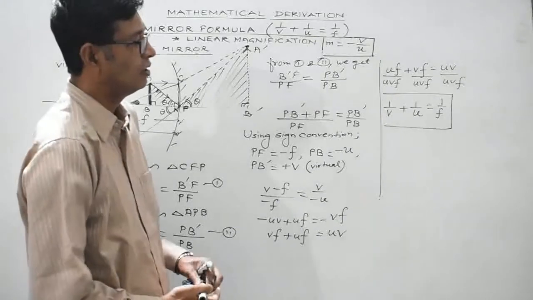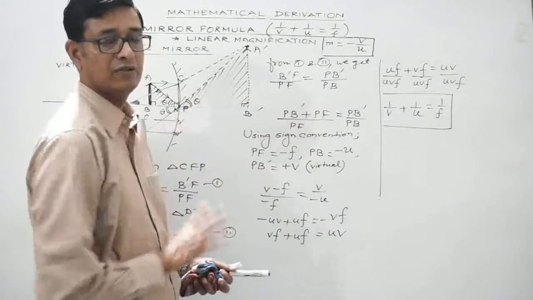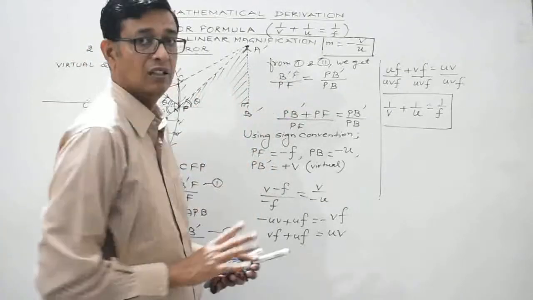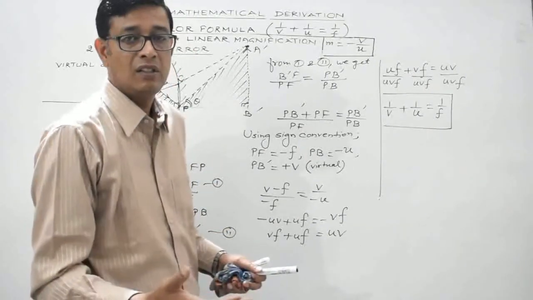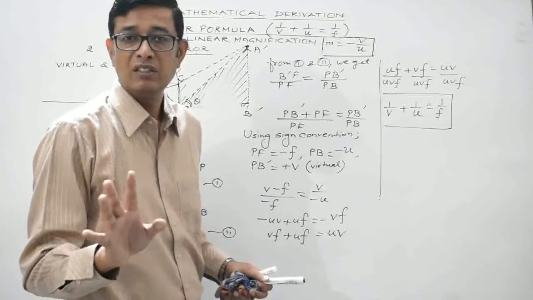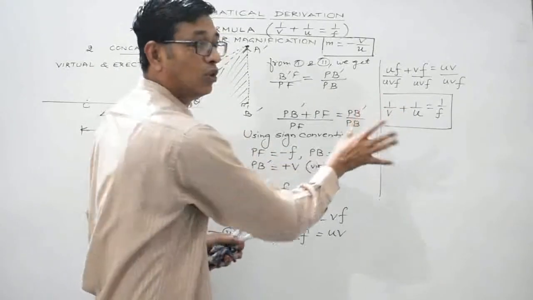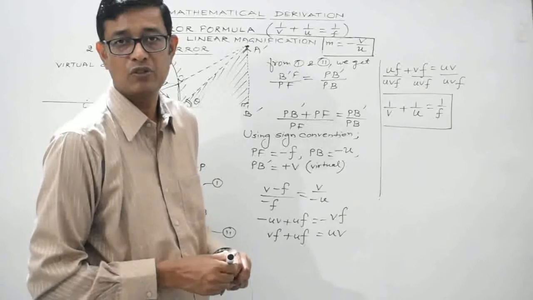So this is how you can verify the relationship in U, V and F. So students, in the previous article and in this article, what we have proved, or rather what we have concluded, is that it is of no consequence whether the nature of the image is real or virtual. This formula holds valid for every nature of the image, right?